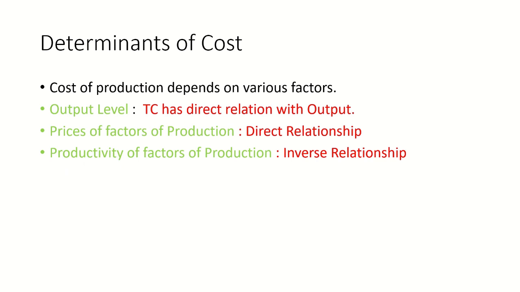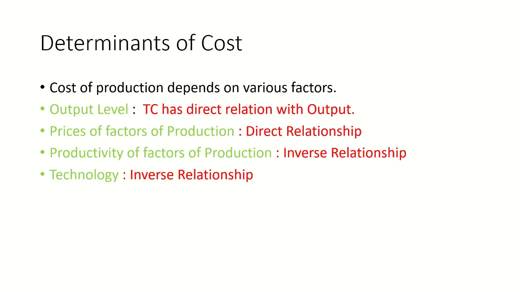There is an inverse relationship between the productivity of factors of production and the cost. Inverse relationship means opposite relationship. If the productivity increases, the cost decreases. If the productivity decreases, the cost increases.